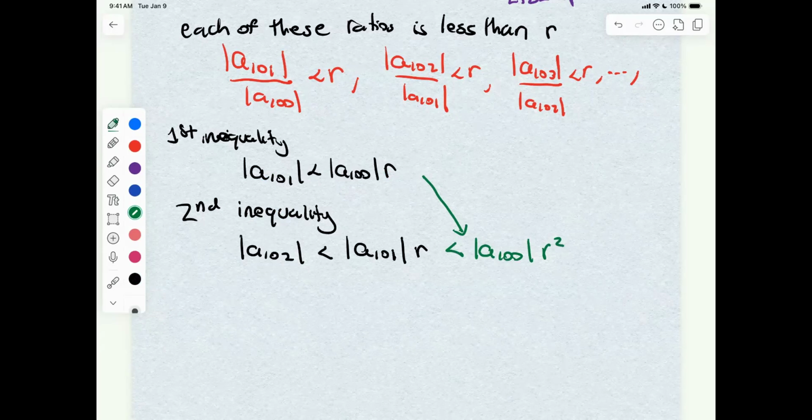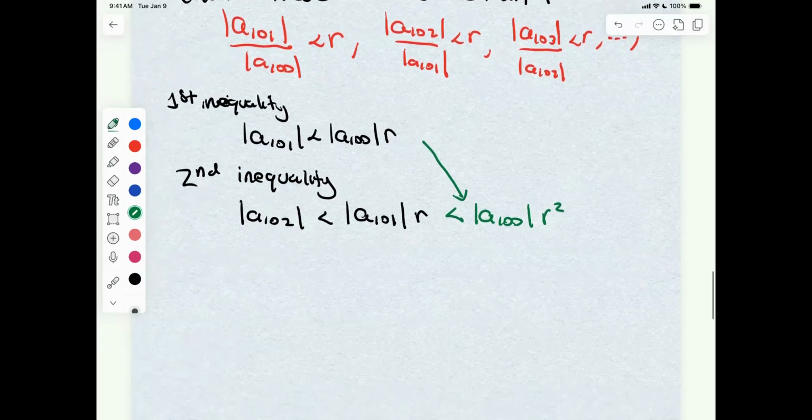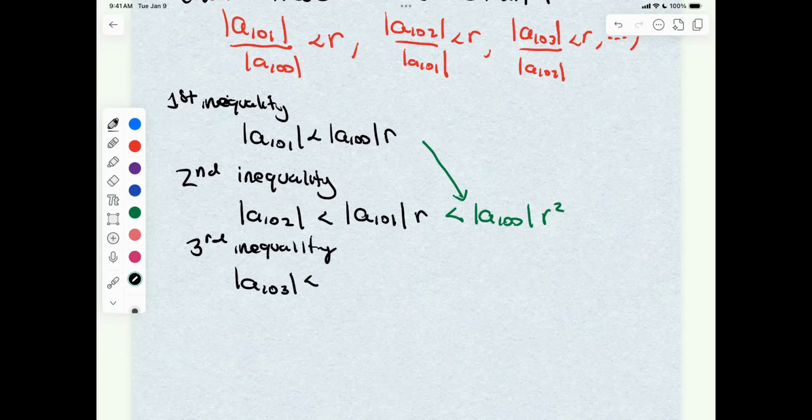Let's do the third one, because hopefully you see where I'm headed now. What is the third inequality telling me? It says that A of 103 is less than A of 102 times R, right? But what is A of 102 less than, according to this?